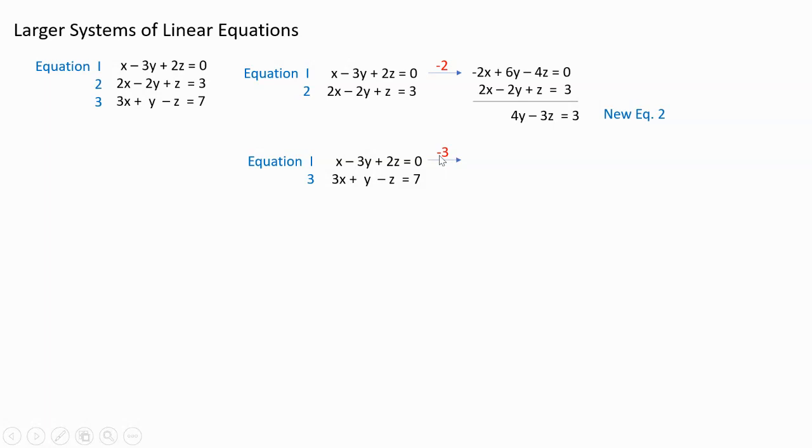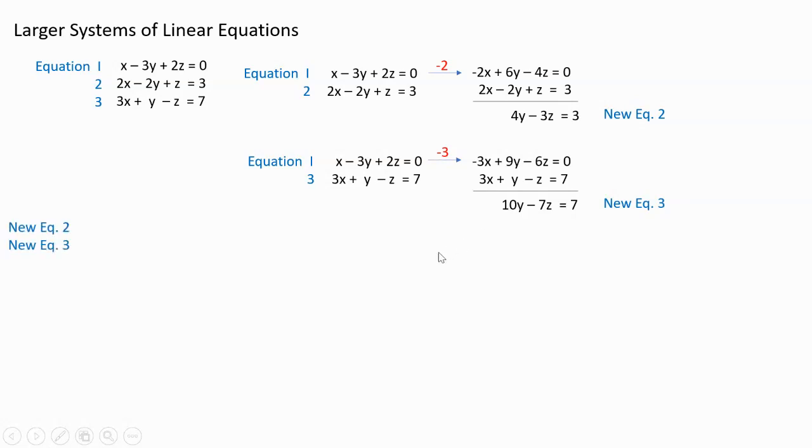All we do is multiply some number times equation 1 to get rid of the x's in equations 2 and 3. In this case, the number that we chose was negative 3. Why? Because negative 3 times x will give us negative 3x. Then when added to equation 3, the 3x's will be eliminated. So we get 10y minus 7z equals 7. That's my new equation 3.